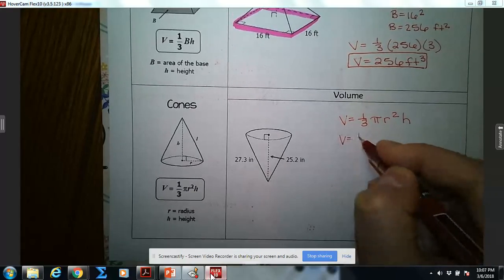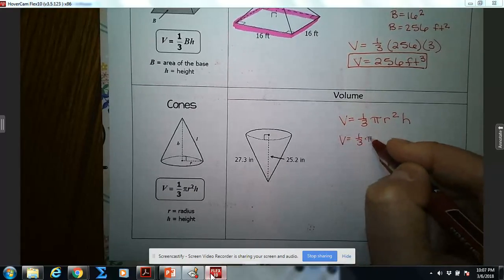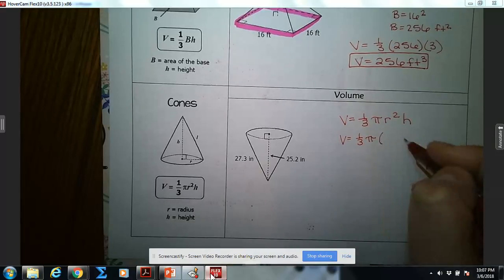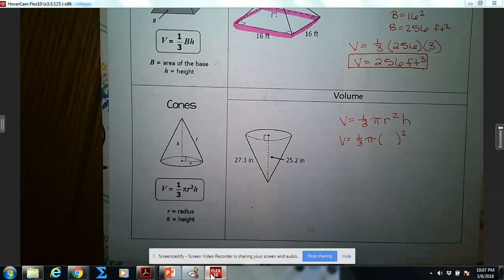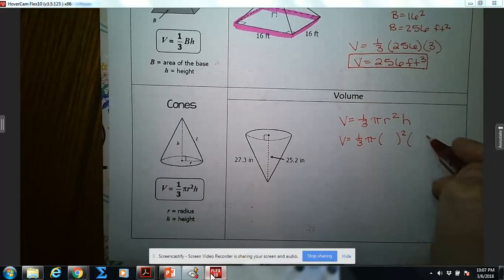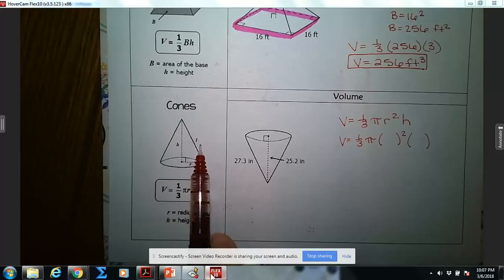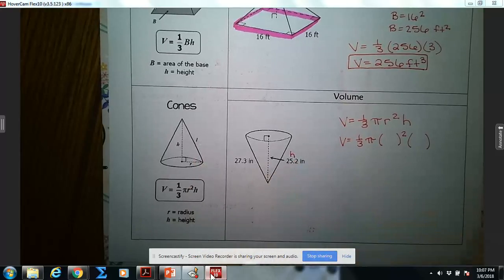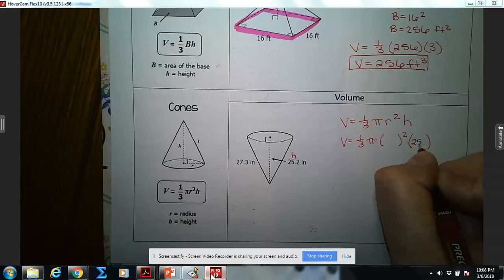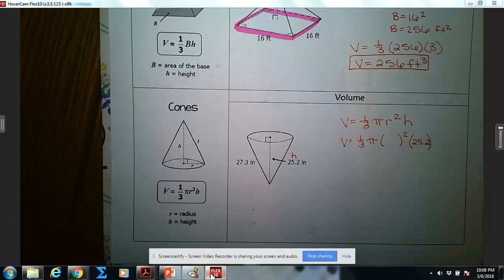Our volume is going to be equal to 1/3 pi, and we have to stop and figure out what the radius is. Then we have two different heights given to us here. We have 27.3, which is called the slant height, versus 25.2, which is the true height. I want the 25.2 in my formula.